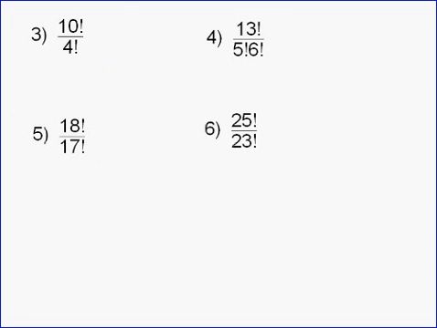So the next problem is where we can start doing some math with these. So for instance, 10 factorial divided by 4 factorial, which might seem like a pretty big problem to do, but as you start looking at it, if you think about listing it out, eventually we're going to do some of this in our head.